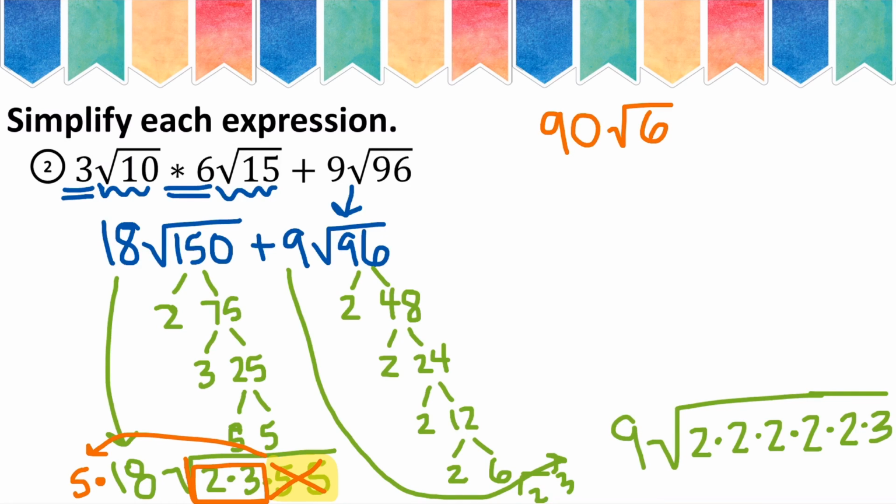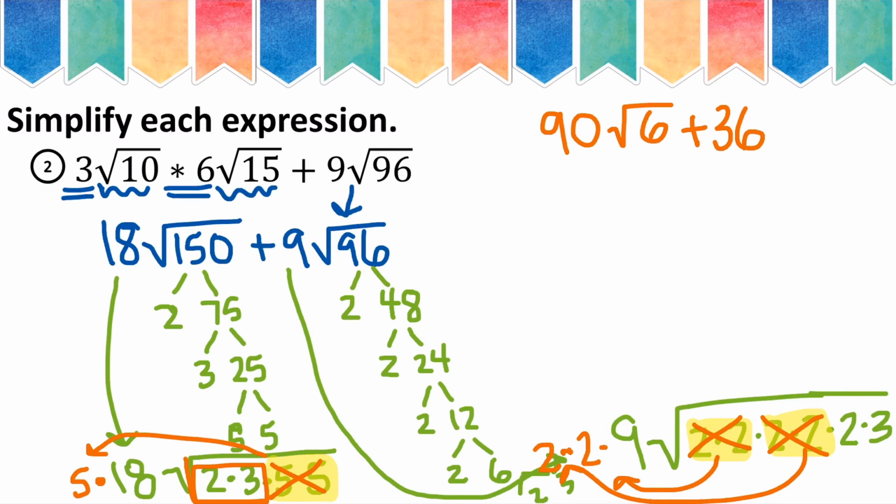Now we're going to look for values that are the same. I have 2 2s. I also have 2 more 2s. So for both of those, they are going to be crossed out and moved to the beginning. So now 2 times 2 times 9 makes 36. So I will put plus 36.